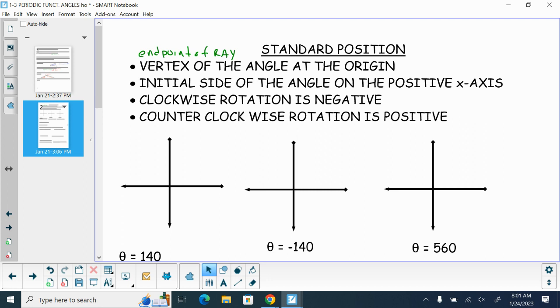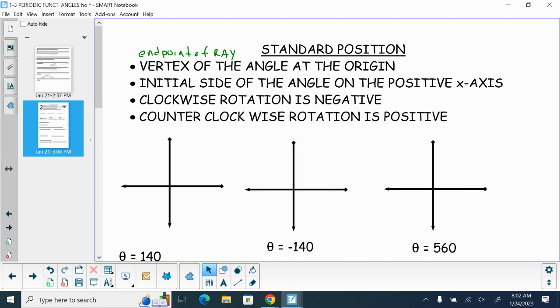Clockwise rotation is negative. Counterclockwise rotation is positive. This goes into the idea of lefty-loosey, righty-tighty.